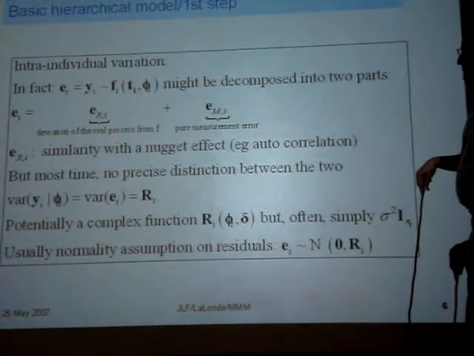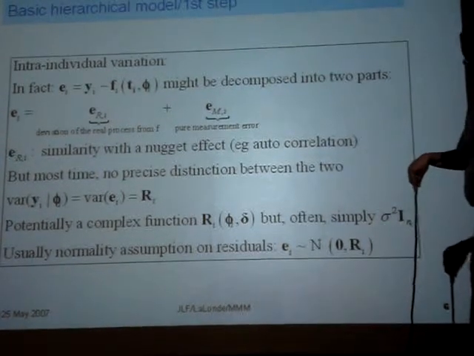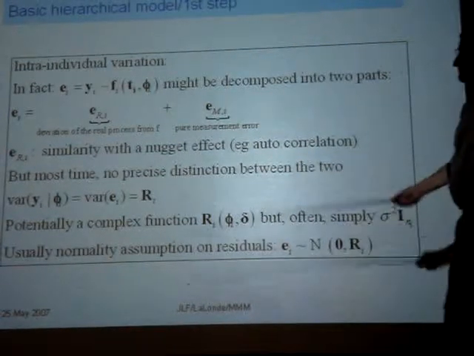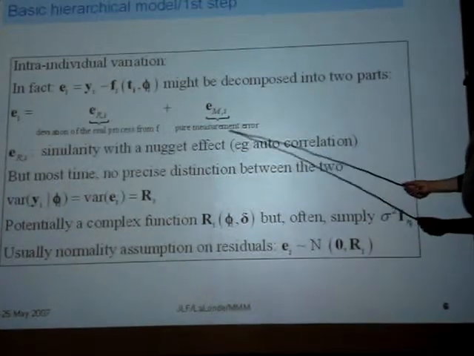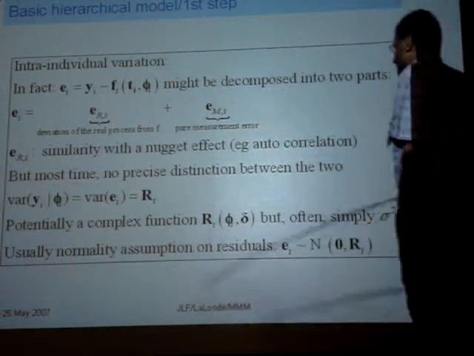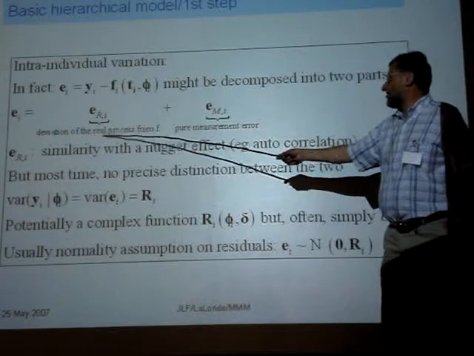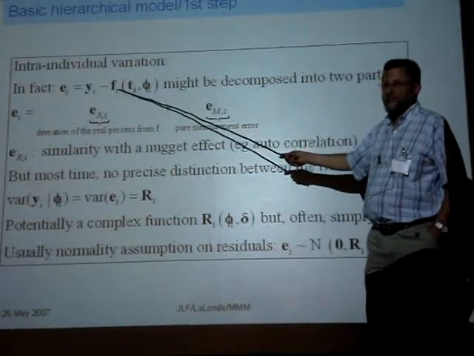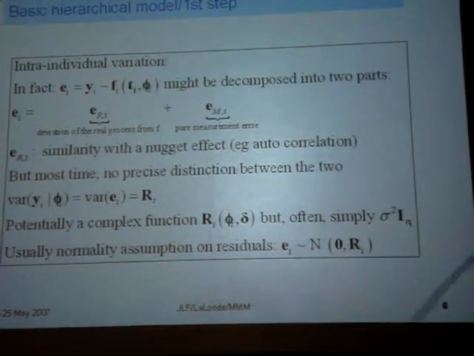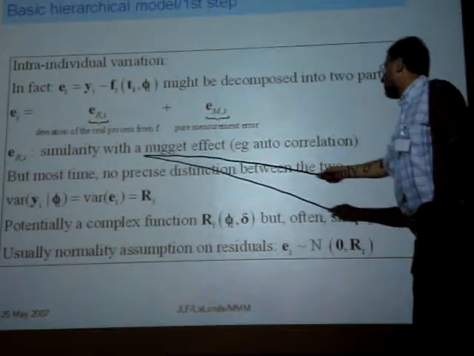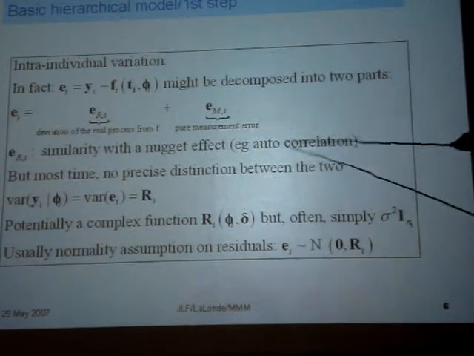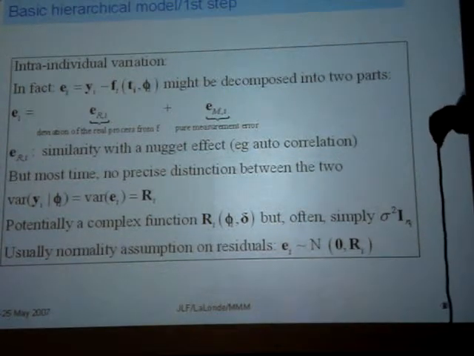And this residual, same as we have seen for linear models, can be decomposed into two components, e_M_i, a pure measurement error, and e_R_i, representing the deviation of a real process from the process described by f. And this e_R_i is similar to what is called a nugget effect, for instance, in spatial statistics, and it's linked to this phenomenon of autocorrelation.